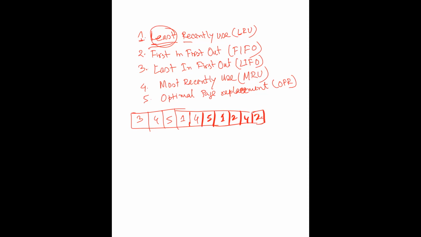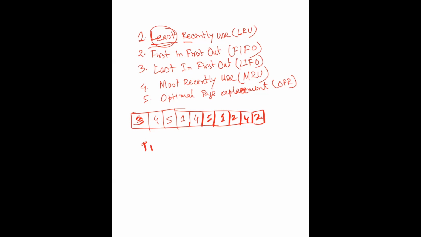This is the page string referenced by the CPU for a particular process P1. At first it requests 3, 4, then 5, then 1, then again 4, again 5, again 1, then 2, then 4, then 2.